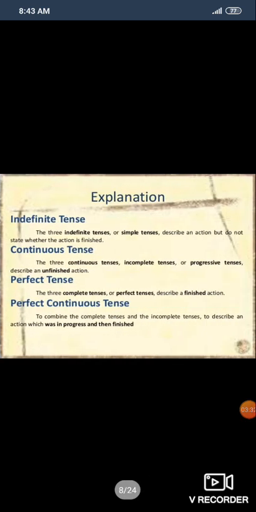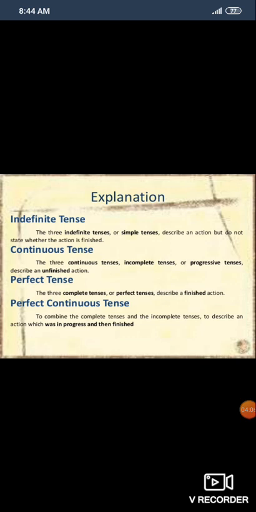Let us again explain all the definitions, what these mean. First number is indefinite tense. The three indefinite tenses or simple tenses describe an action but do not state whether the action is finished. This type describes only the action, but not whether the action is completed or not.